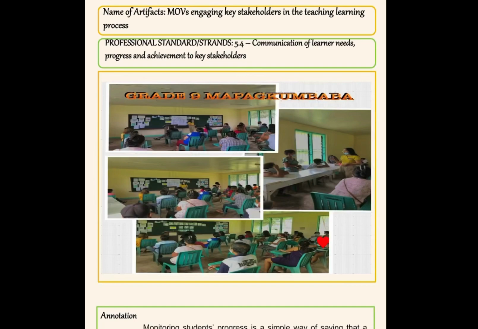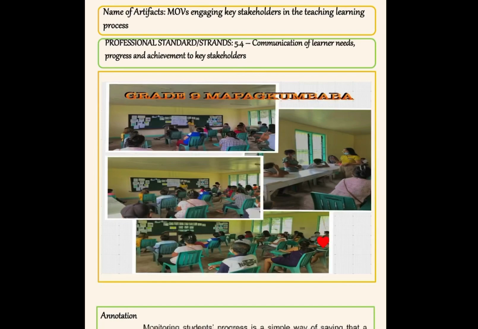Next artifact is MOVs engaging key stakeholders in the teaching learning process. Its professional standard or strand is communication of learner needs, progress and achievement to key stakeholders. So this is my attachment in these artifacts. Okay. So dapat yung annotation natin nagsusupport kung ano yung ina-attach natin sa ating mga artifacts.